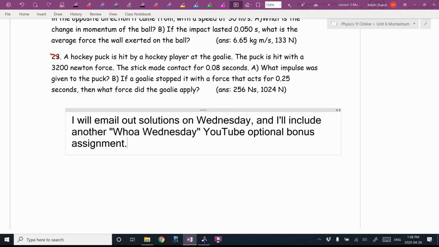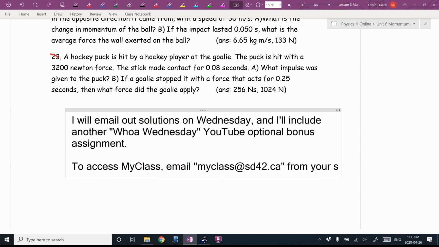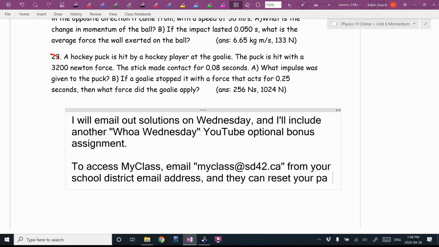By the way, if you are not able to figure out which assignments that you're missing, to access my class, email myclass@sd42.ca from your school district email address, and they can reset your password if you've forgotten your password and give you access.